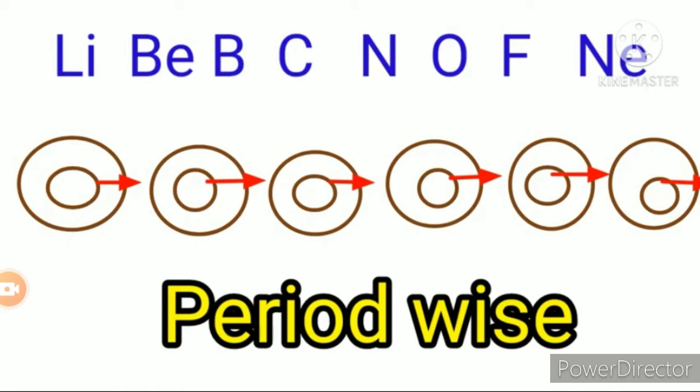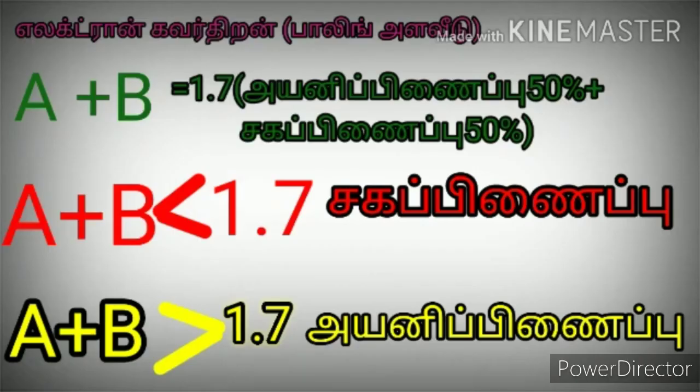Okay, next we are going to learn about the bond. If the electron affinity difference is exactly 1.7, it is 50% ionic bond and 50% covalent bond. If it is less than 1.7, it is a covalent bond.